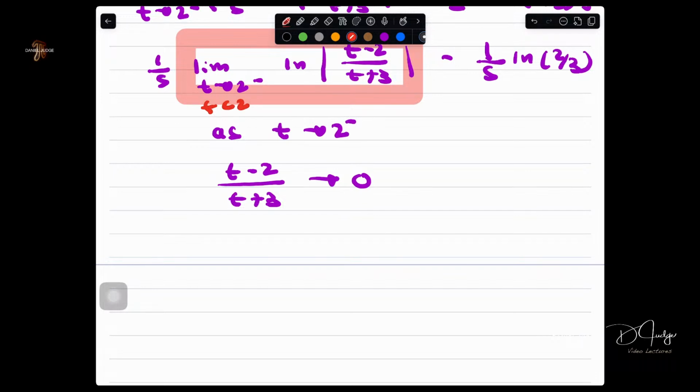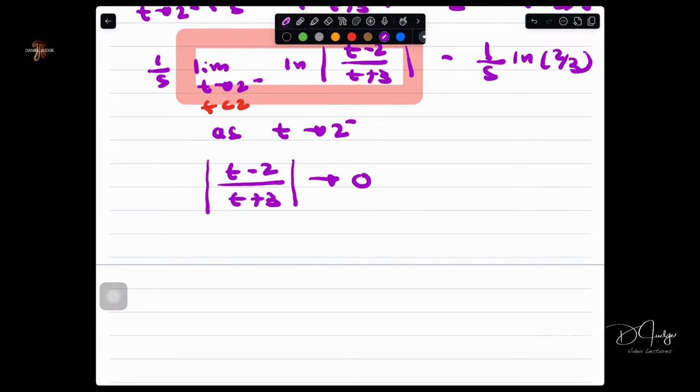So it's actually negative values, because t is smaller than 2, like if you said 1.9, that difference is negative in the numerator, but the denominator is positive, right? So we're going to 0, but the values there are negative as they go to 0. However, you're looking at the absolute value now, which makes it positive. And so that's going to go to 0.